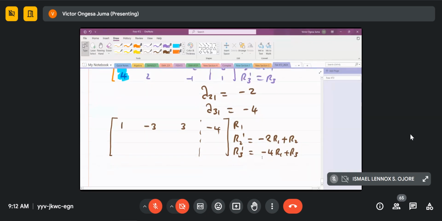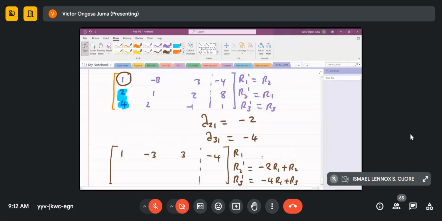So tell me, what are these operations? Give me these values. Just 0, by performing this on 0. -1. Are you sure? -5. This is -3.